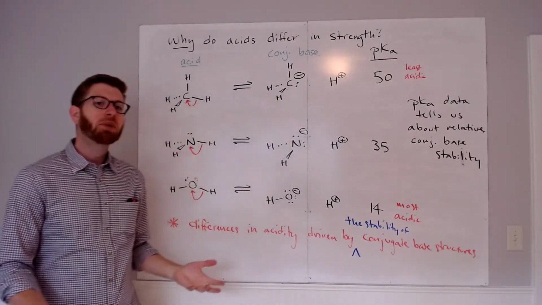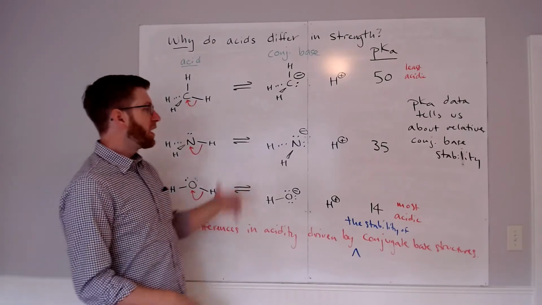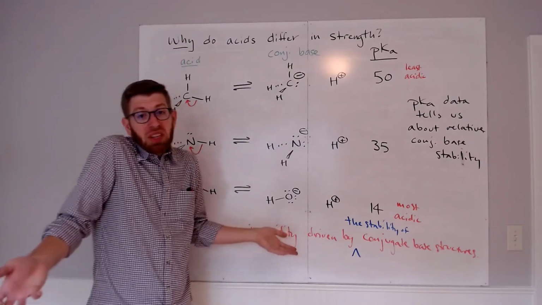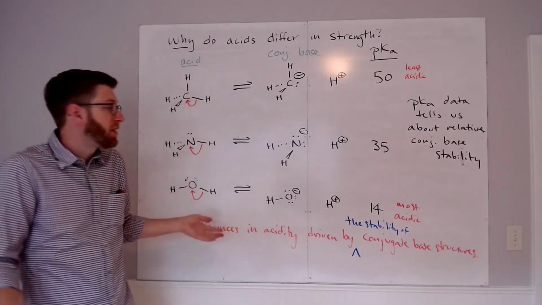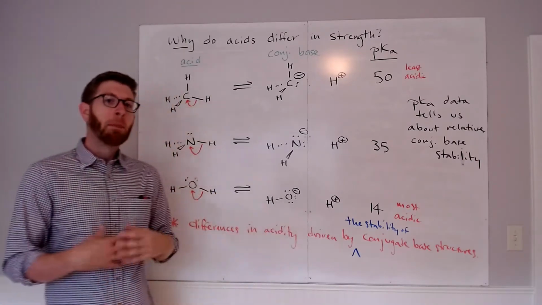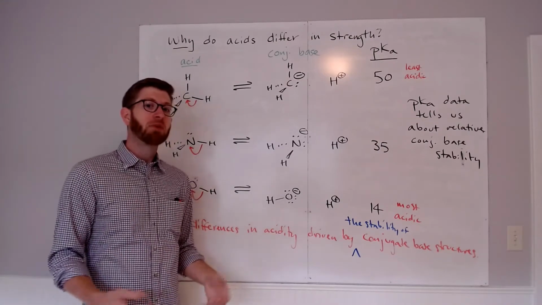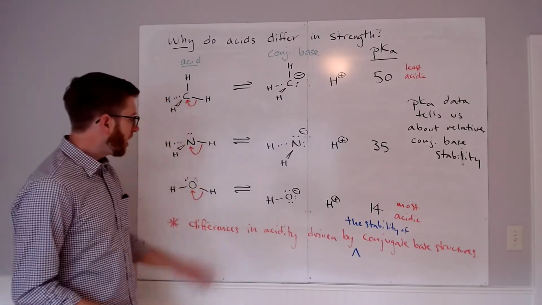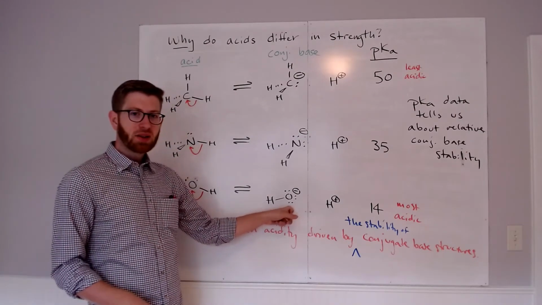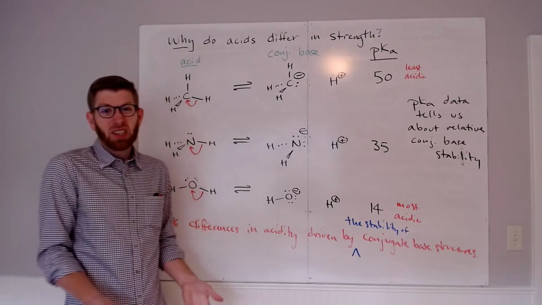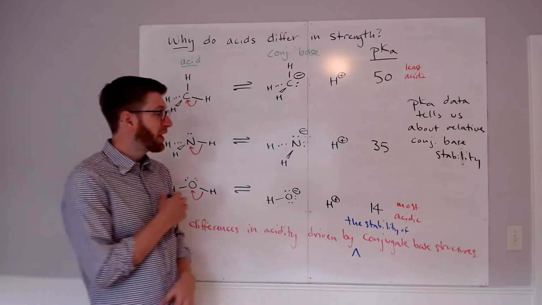Carbon, not being a particularly electronegative element, is not very good at stabilizing a lone pair. Its nucleus isn't that attractive to the electrons. On the other hand, oxygen is much more electronegative, which is another way of saying oxygen does a great job of stabilizing electrons. So if we're building up electron density on oxygen to become the conjugate base, that's okay, because oxygen is able to deal with it. And this is because of electronegativity.